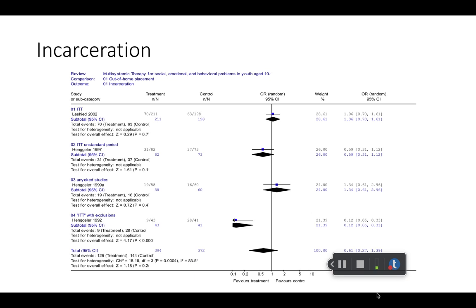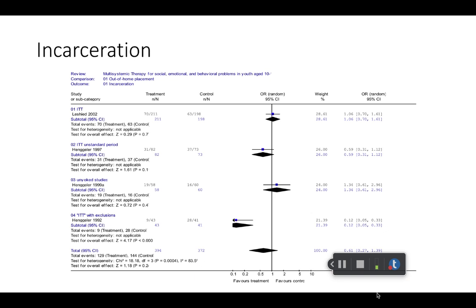The bar that sticks out to the right and the left of that blue dot is the confidence interval for this odds ratio. And it crosses the line of no difference, the vertical line, which means that these groups really are not statistically different in terms of incarceration.